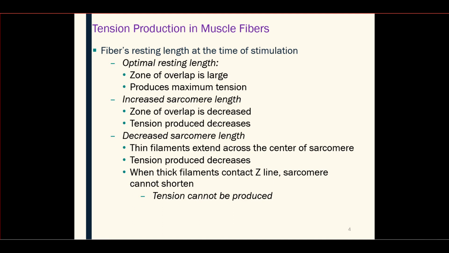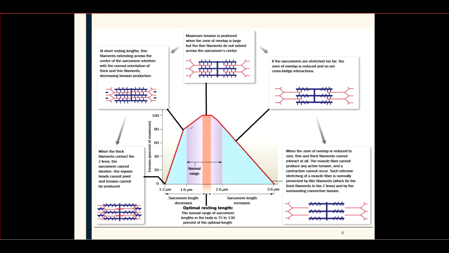And just the opposite, if we decrease the sarcomere length, we start already with a shortened sarcomere and now stimulate it, we're also going to get less tension. The thin filaments can actually extend across the center of the sarcomere at the M line, and the tension is going to decrease. That's this side over here. And so again, we have a sarcomere here. It's much shorter than the optimal.